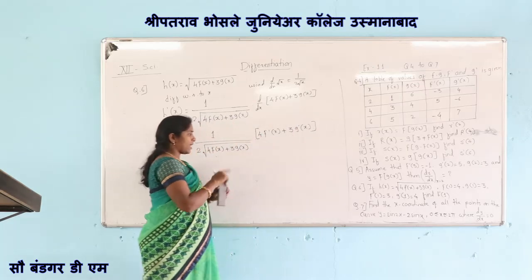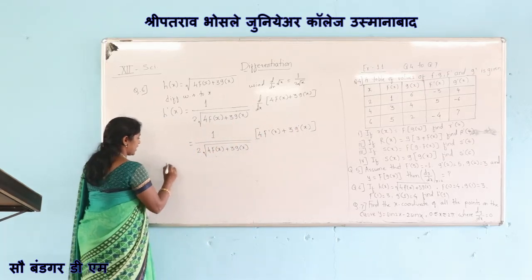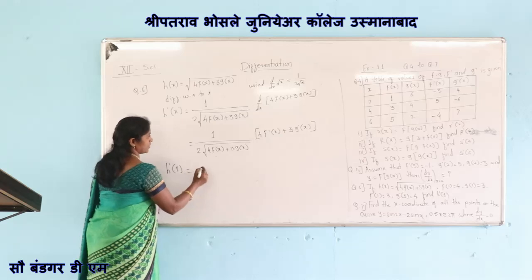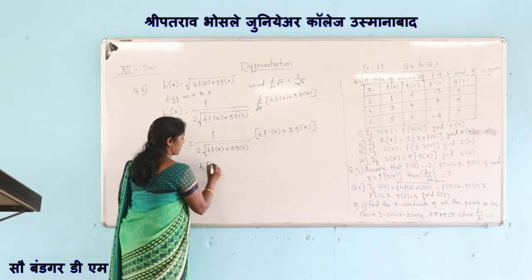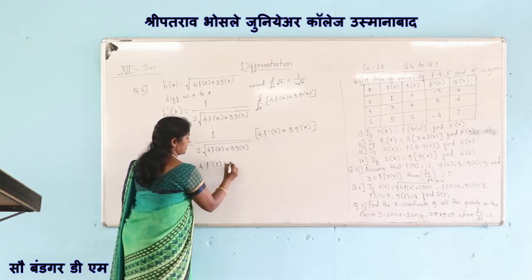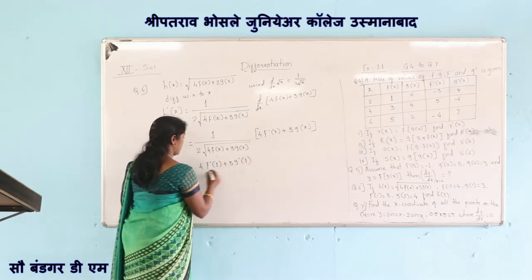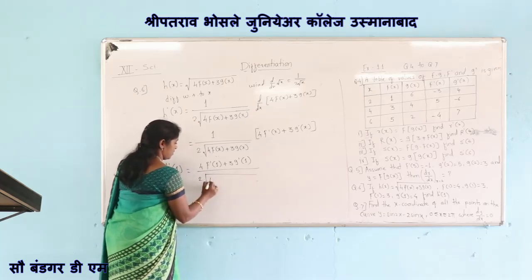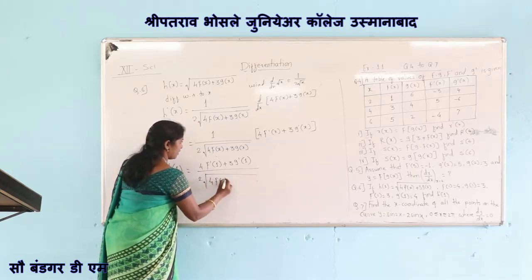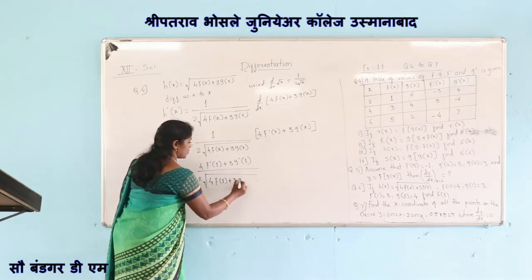So replacing x by 1, we get h dash of 1 is equal to 4 f dash of 1 plus 3 g dash of 1 upon 2 under root of 4 f of 1 plus 3 g of 1.